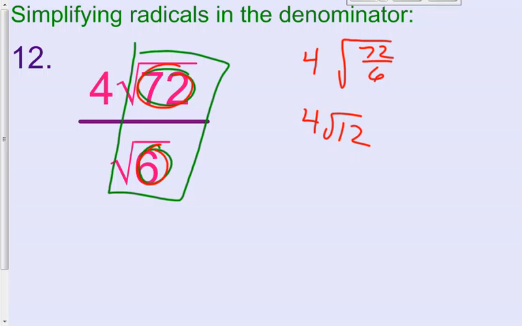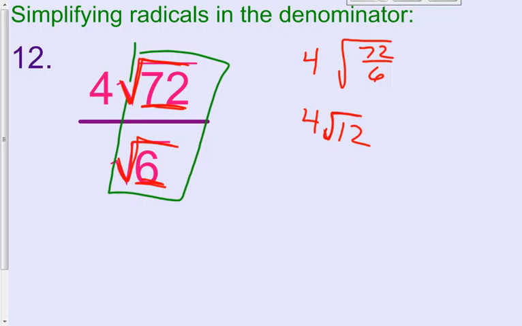But if you wanted to think of it as just this way, it is 72 divided by 6, and because they're both underneath the square root sign, we can do that because we're all in the same world. It's underneath that radical sign. So 72 divided by 6 is 12, and make sure that radical sign is still there.